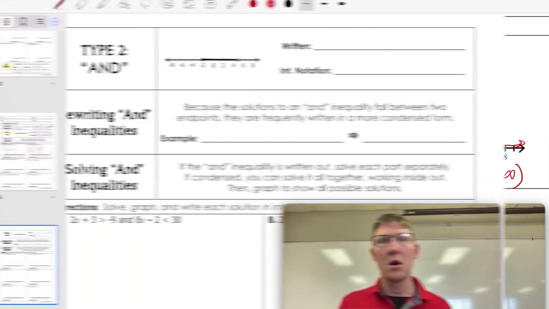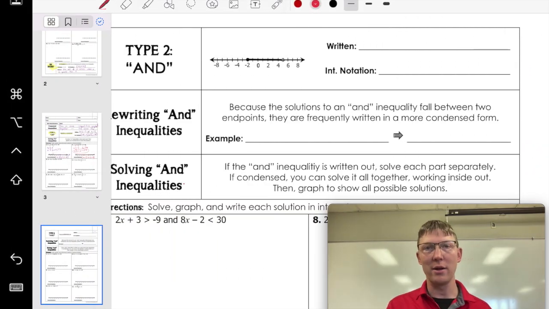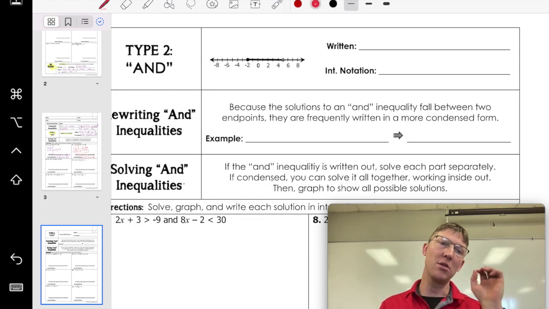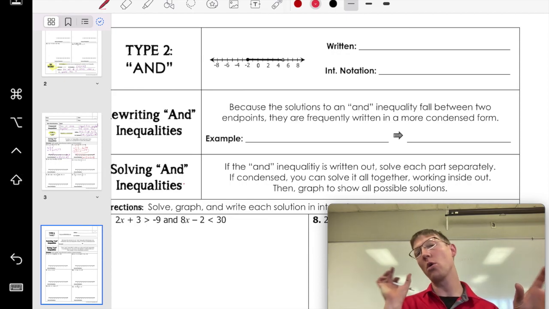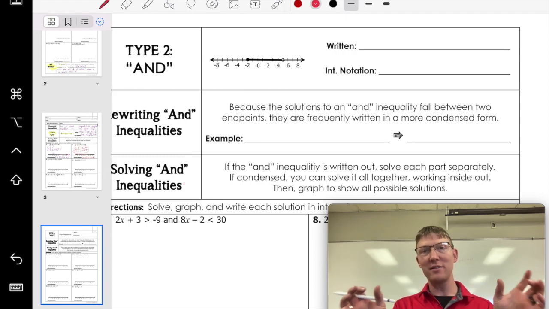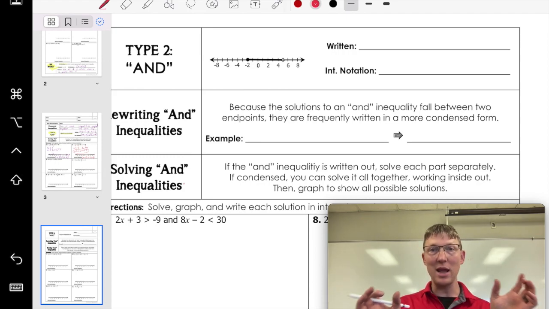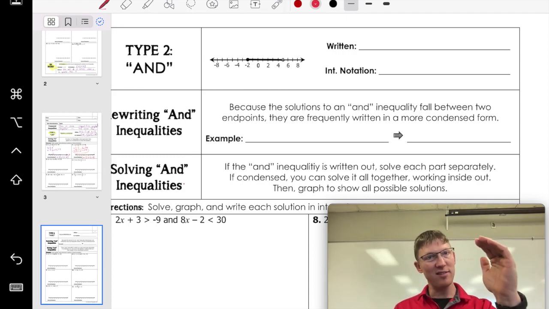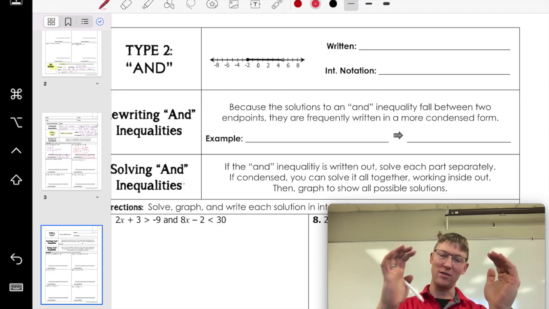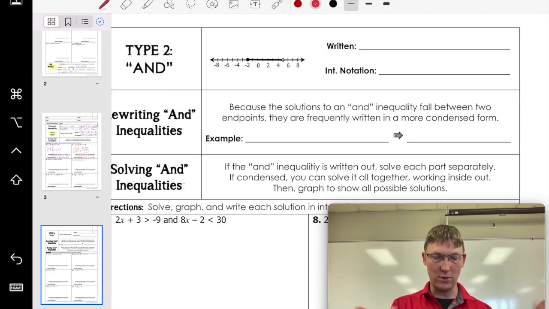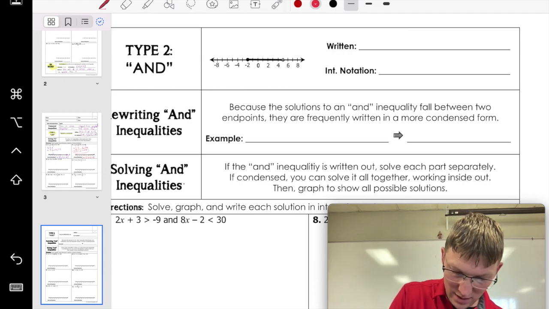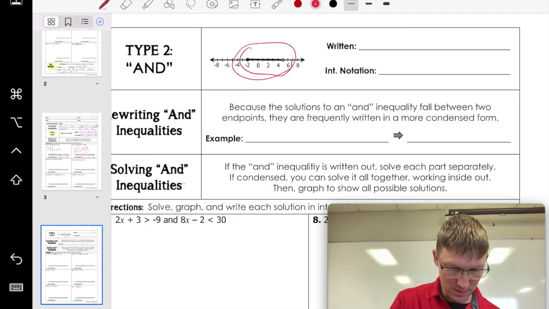The second type of inequality is going to be an and inequality. So prior we had, either this could be the case or this could be the case. In this case, with the second type, an and, it's this is the case and this is the case. So it creates an interval. So we can see that right there. So they graphed one out.